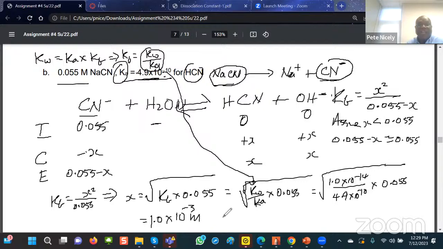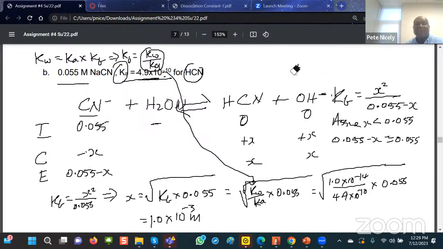M, right? And of course, we have to find the percent dissociation. In fact, let me erase this right here. So that's where I'm going to do the calculation of the percent dissociation. Okay, so percent dissociation is equal to 1.0 times 10 to the minus 3 M divided by 0.055 M times 100%.